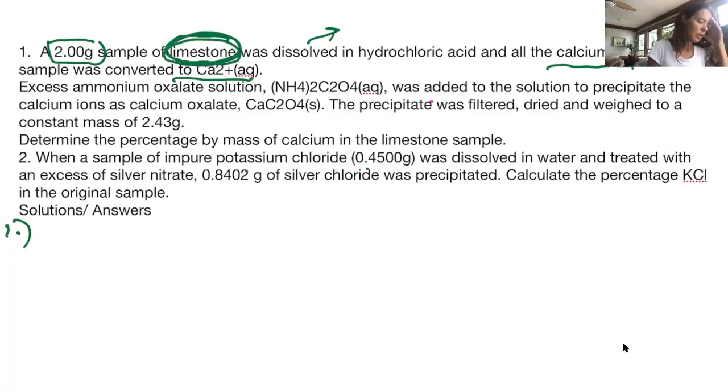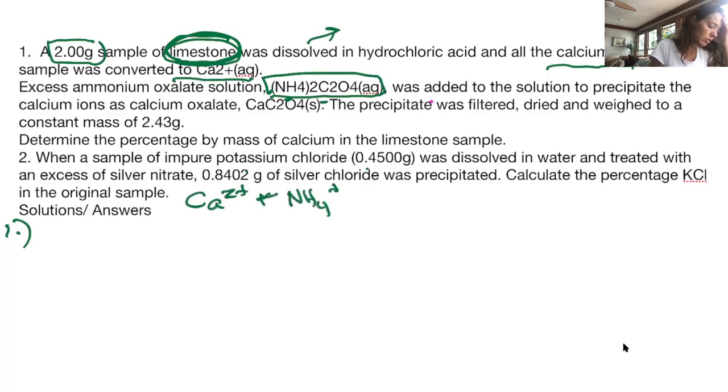All right. We then took that calcium ion and we added this to it. Notice this is soluble. Ammonium compounds are soluble. So what we had was calcium ions. We added this, dissolved, it's aqueous, and it was the oxalate ion.